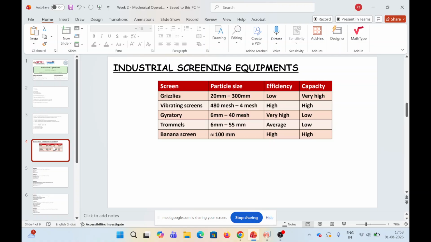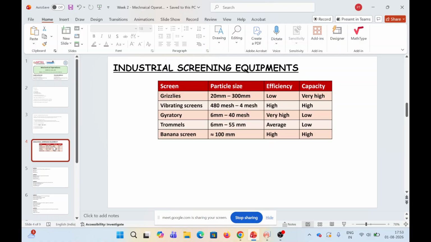Whereas in case of 480 mesh to 4 mesh, you go for vibrating screens, and similarly for gyratory, trommels and banana screens. So depending upon the particle size, you go for different kinds of industrial screening equipment.